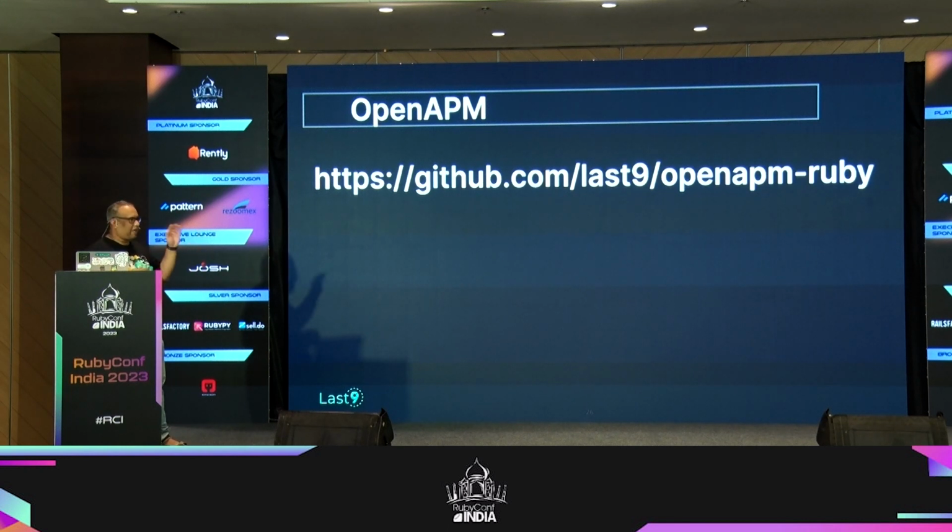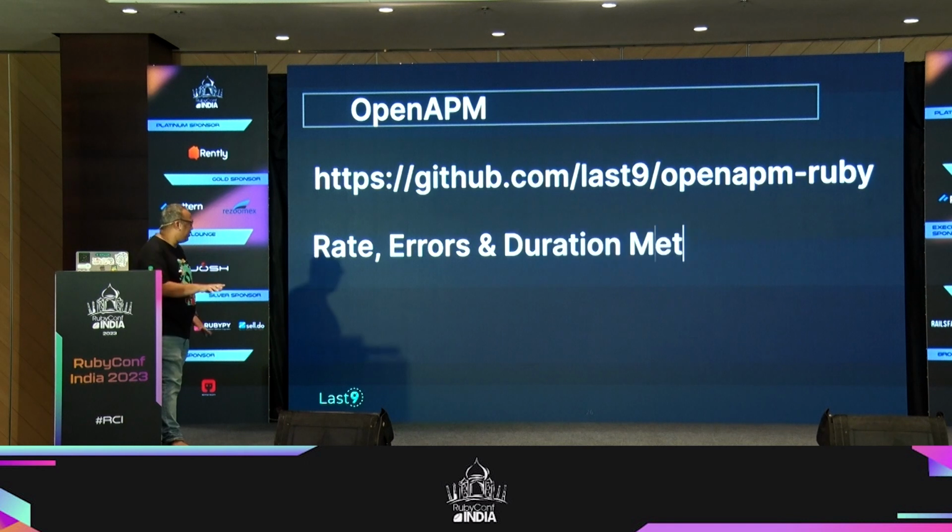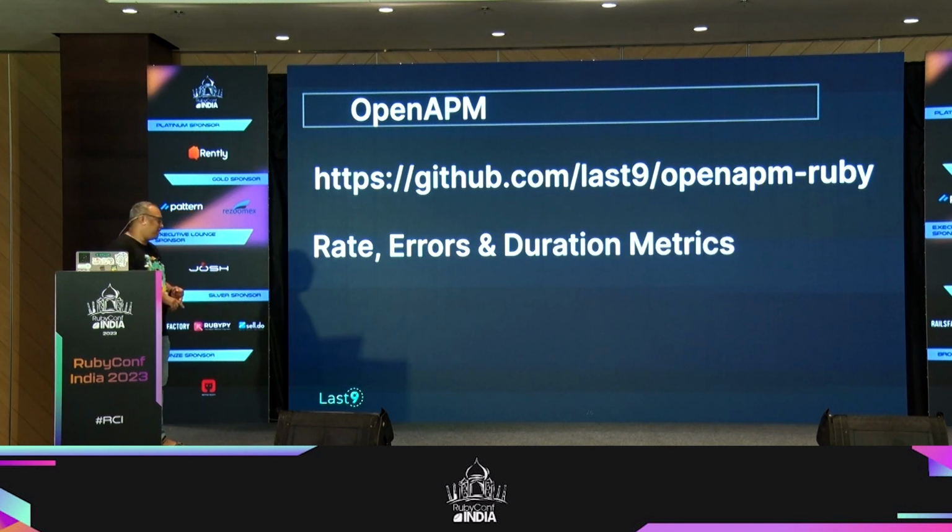So this applies to any Rack-based applications, including Rails. You get basic support for HTTP metrics out of the box just by installing this gem. That's part of our initial release as of this morning, but obviously we'll support more and more things like custom metrics, database metrics, and all of these things. Like I said, it supports rate, error, and duration.